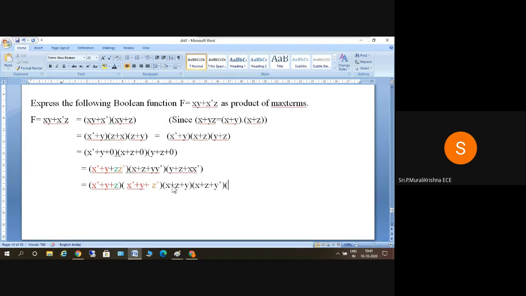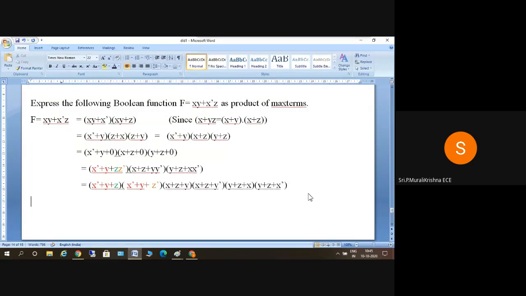Similarly, y plus z plus x and z plus x bar. Okay, so this is the final term here, the final canonical form of the term, and I have to find the max terms from this.